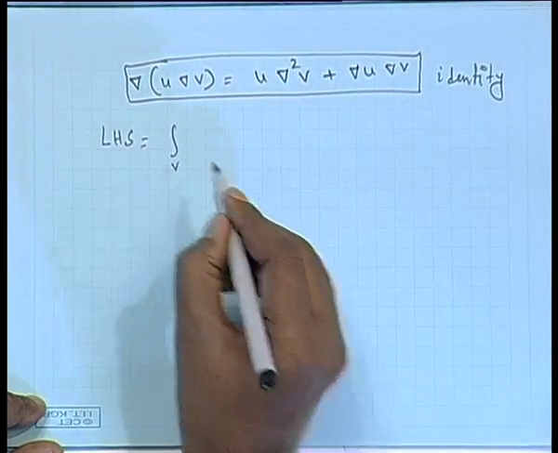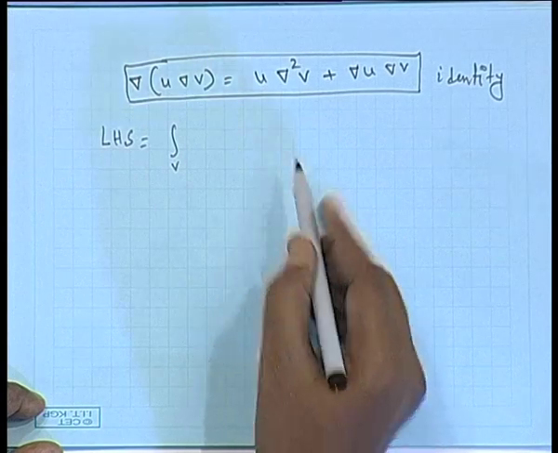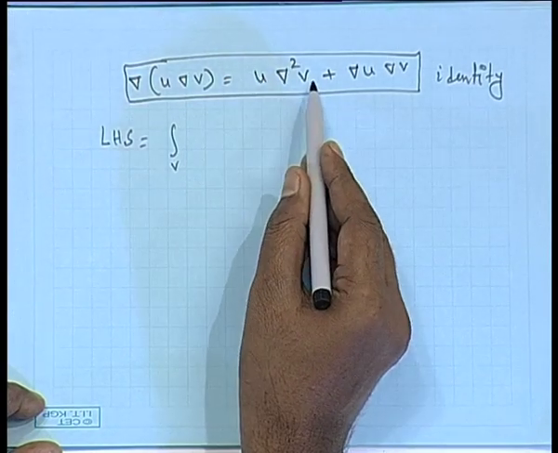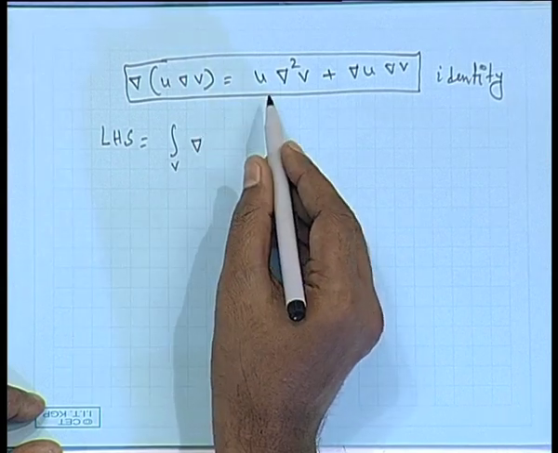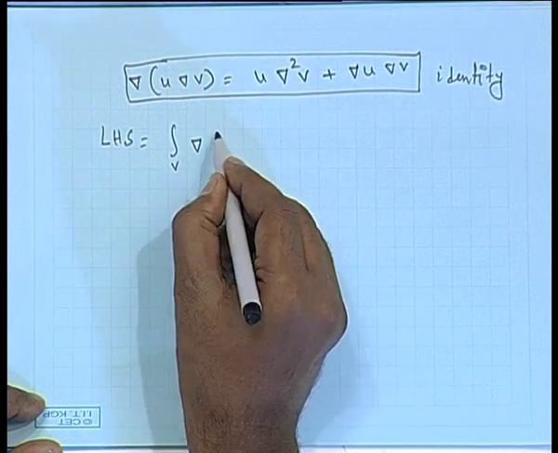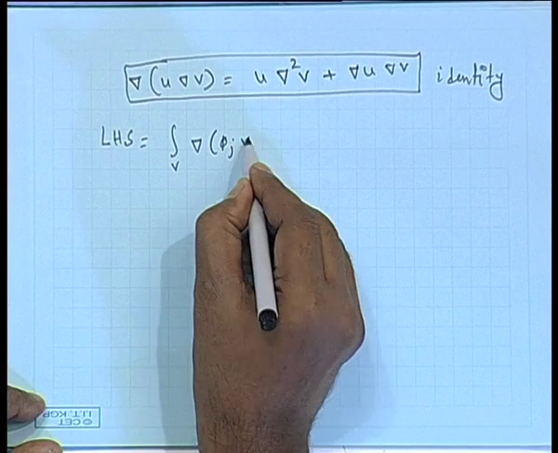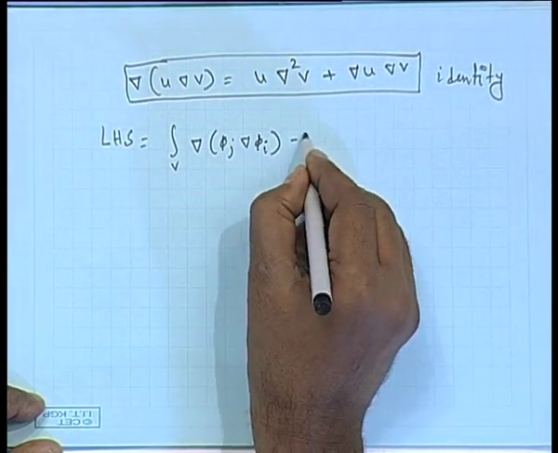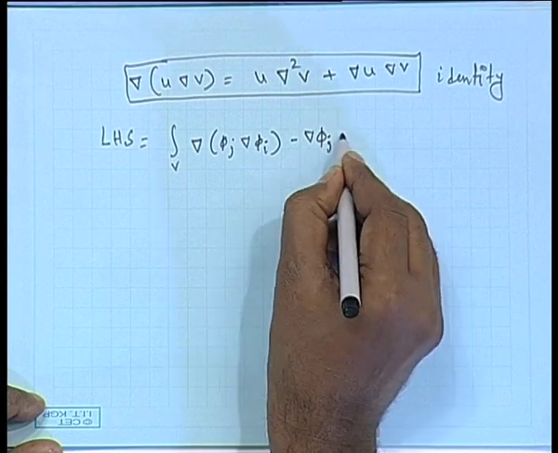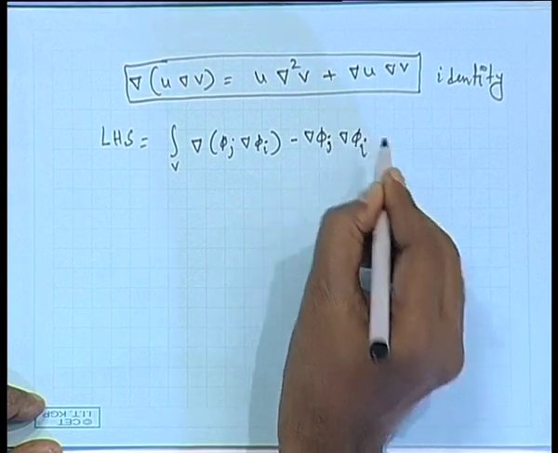It is phi j grad square phi i. Okay. So, what you will be getting is phi j grad square phi i, that means grad of phi j grad of phi i minus grad phi j dot grad phi i.